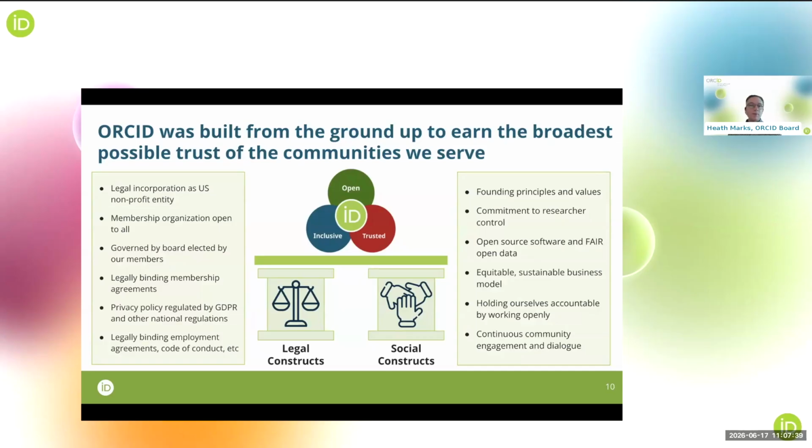So we're a community-built and governed organization by a board of directors, which is representative of its membership with a wide stakeholder representation. Importantly, our privacy policy is regulated by GDPR and other national regulations, and we employ legally binding membership agreements to be part of ORCID.